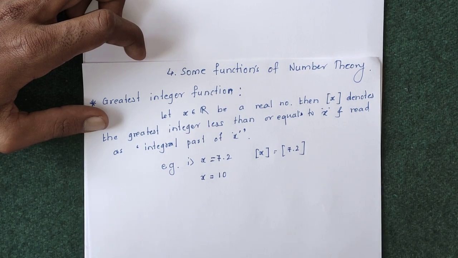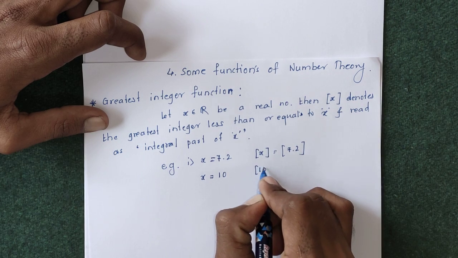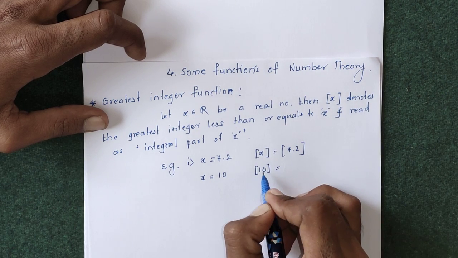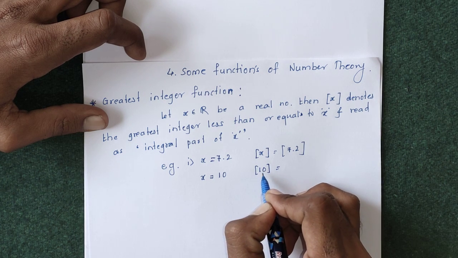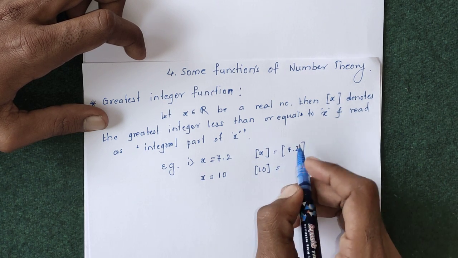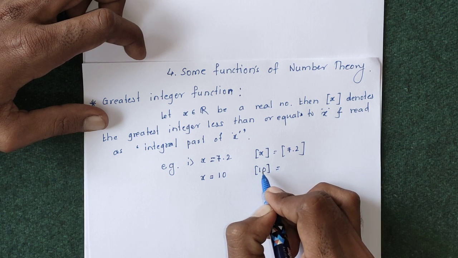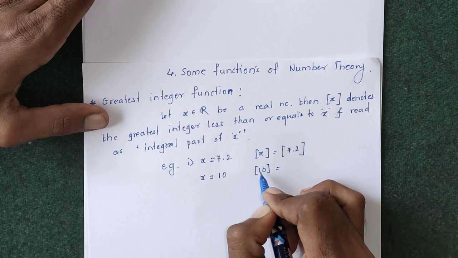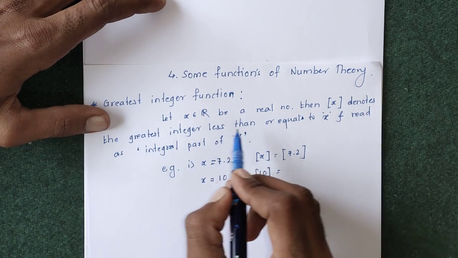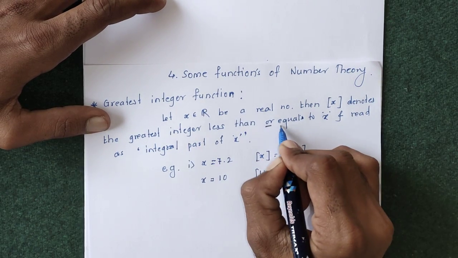Suppose x is equal to 10, then the integral part of 10 is the greatest integer less than or equal to 10. The integers less than 10 are 1, 2, 3, 4, 5, 6, 7, 8, 9, up to 9, but our definition says the greatest integer less than or equal to x.